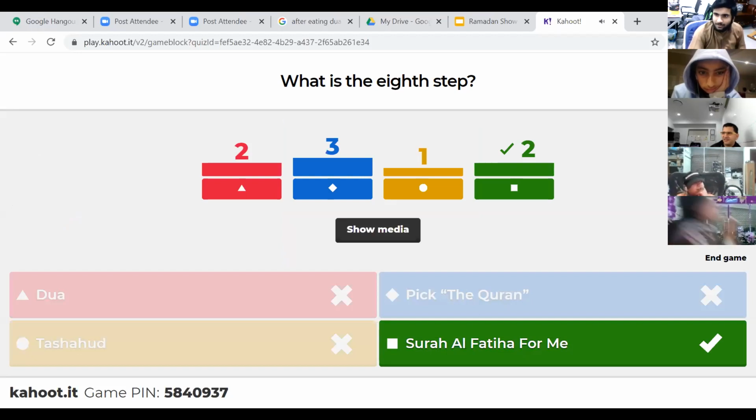Only two people got this right. Surah Al-Fatiha. Now that's the third part of when Shafka talks about Surah Al-Fatiha. Pick the Quran came before, so I don't know why people picked this. And Tashahhud comes later, and Dua comes after.